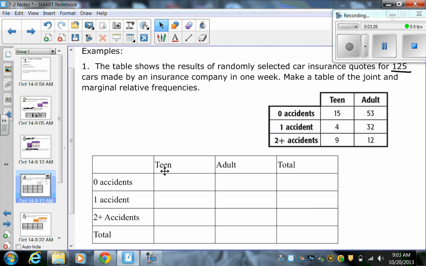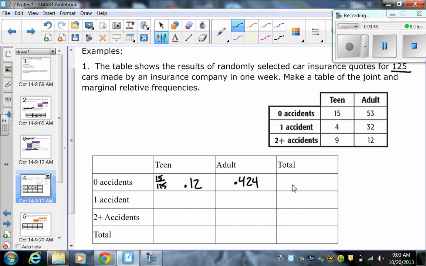So for 0 accidents of a teen, you would have 15 out of 125, which comes out to equal 0.12. 0 accidents for adults is 53 out of 125, which is 0.424. If I add these two up to get the total for that row, we would have 0.544.